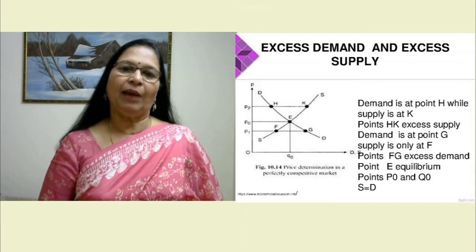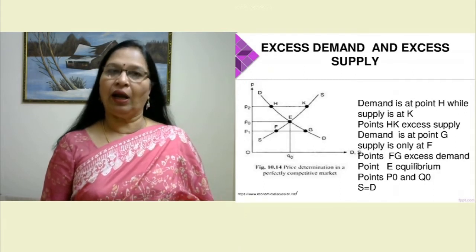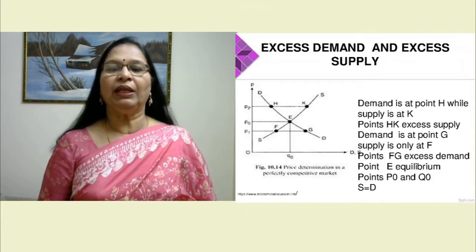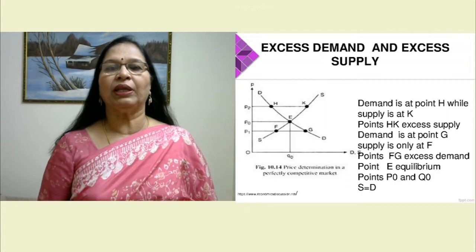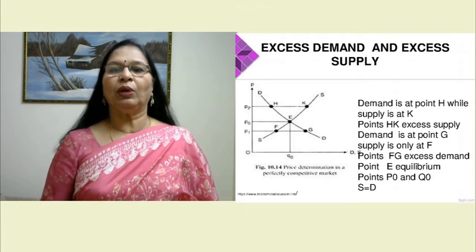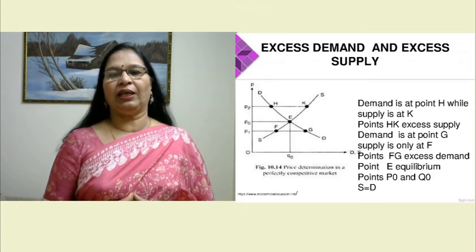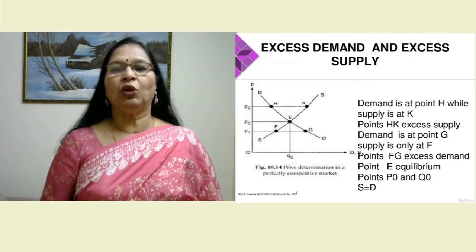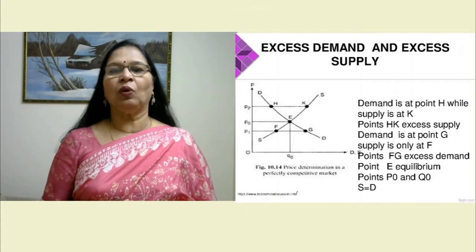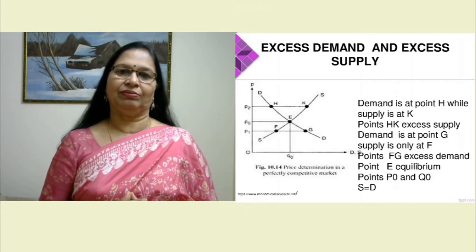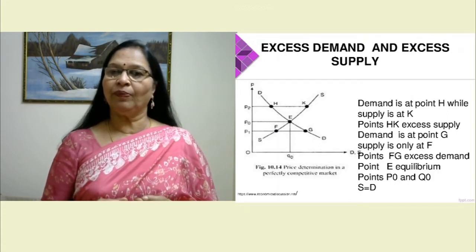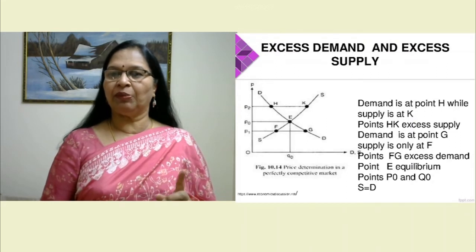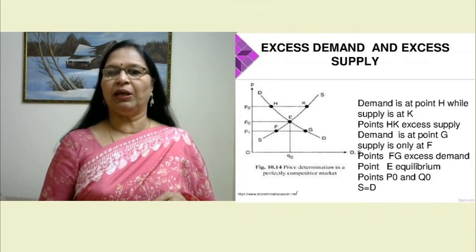Now, what can happen if the prices are high? Look at the diagram, where you can see points H and K. At the price level P2, the quantity demanded is only P2H, because at that price only that much quantity is demanded.